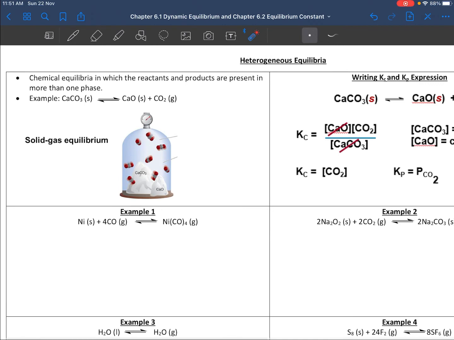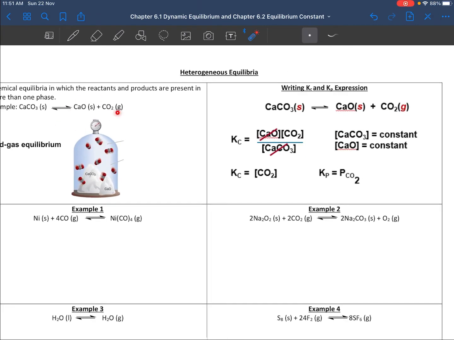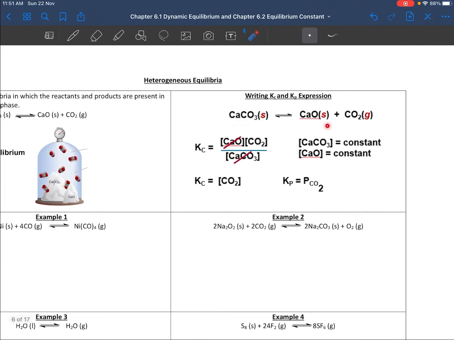Okay. So, kita tengok Kc and Kp expression for this equation. Okay, so this is the equation. Sama aja macam sebelah ni. And then Kc dia adalah concentration of CO2 darab dengan concentration CaO, over dengan concentration CaCO3. Tapi kalau kamu tengok CaO dengan CaCO3, dia cancel out kan.